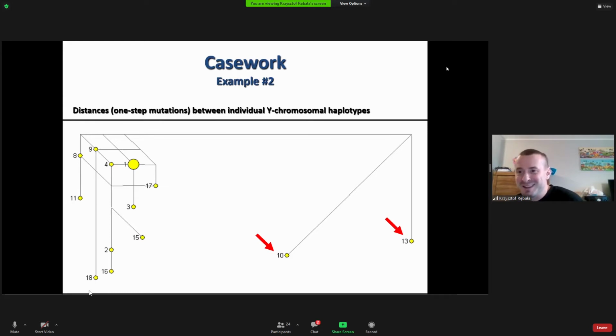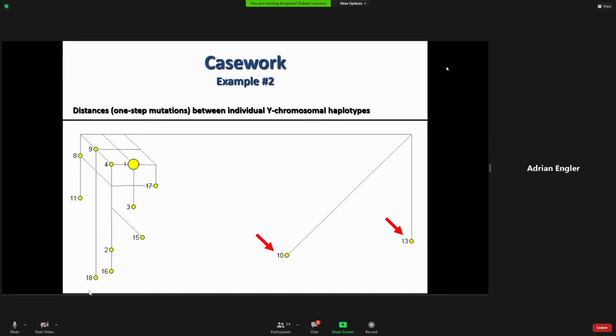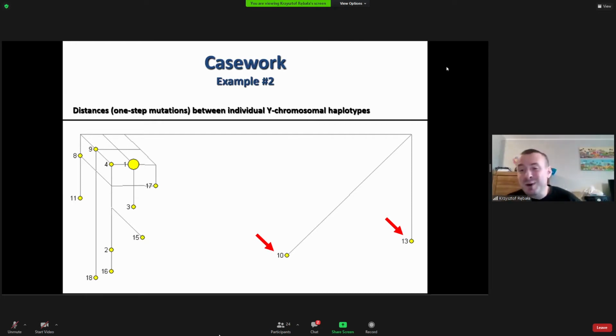But there is a situation which is socially accepted. What is it? Could it be adoption? Adoption, yes, exactly. So remember that our genetic examination does not take into account such social events as adoption or cheating.